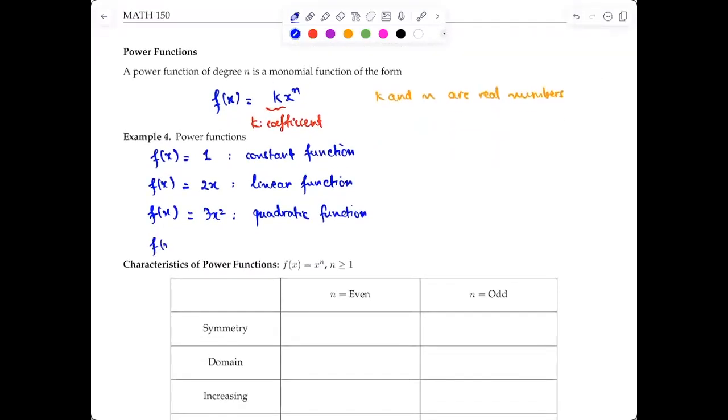So you may do f of x equal to 4 times x cubed. This is a cubic function, or the power function of degree 3.